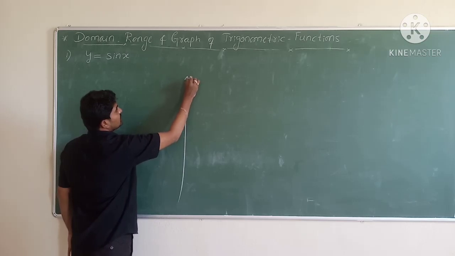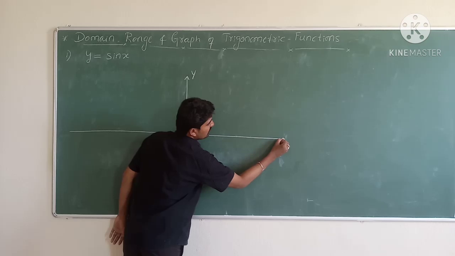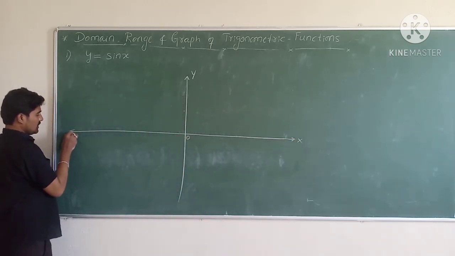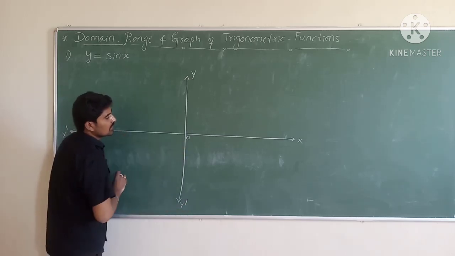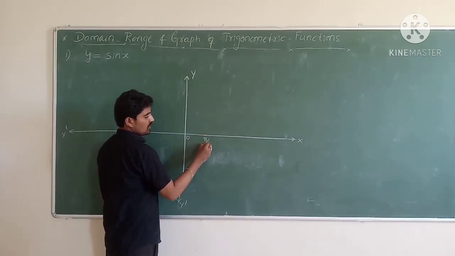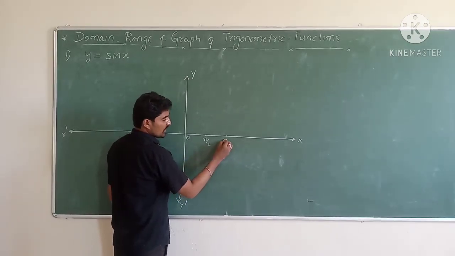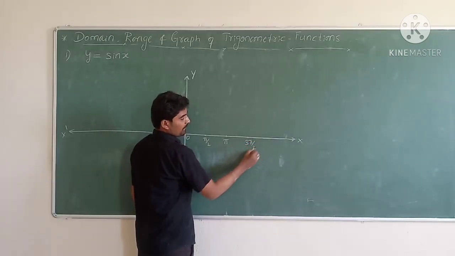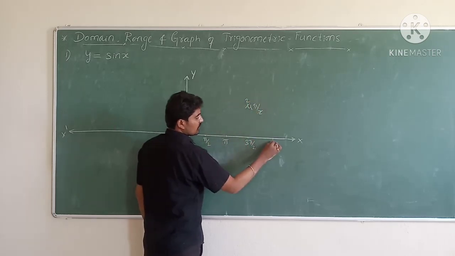Let this be the y axis and let this be the x axis, with origin, x dash, y dash. Along the positive direction of the x axis: pi by 2, 2 pi by 2 which is pi, then 3 pi by 2, and 4 pi by 2 which is 2 pi.